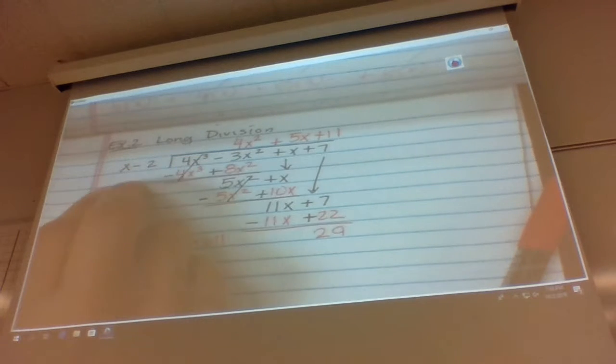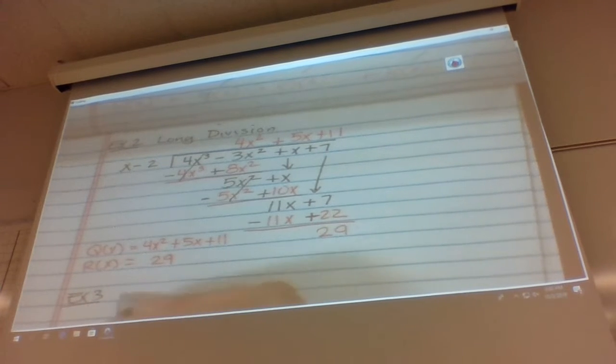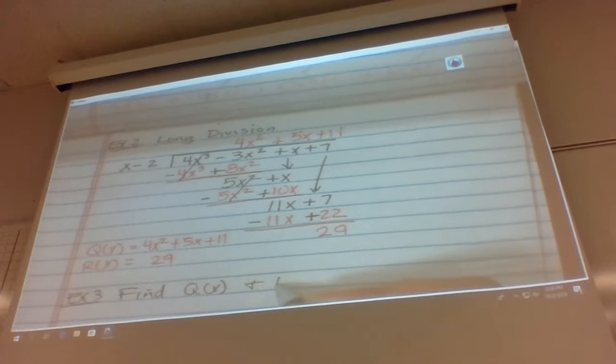Now, this next problem, they're going to word it differently. In example number 3, they're going to say find Q of x and R of x given that P of x is x to the 4th minus 2x squared plus 3, and your little d of x is x plus 2.